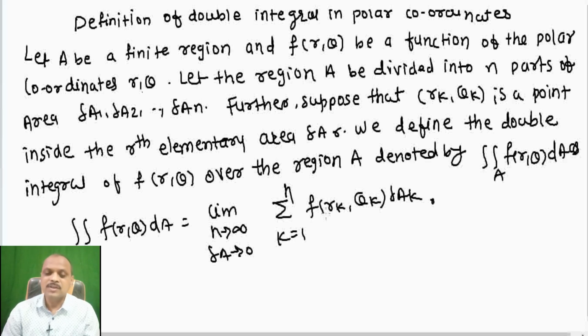You can watch the double integration of f of r comma theta into dA equal to the limit n tends to infinity, delta A r tends to 0, of the summation of f of r k comma theta k into delta A k, where k varies from 1 to n. This is the definition of double integral.